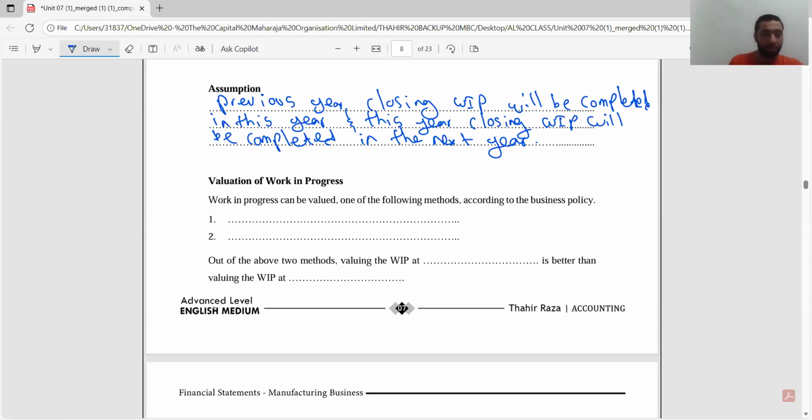So next one, valuation. Right. Thank you, Zia. Thank you, Ashini. Thank you, Lakshini. Okay. The next one, work in progress can be valued by one of the following methods according to the business policy. Valued at prime cost, valued at total production cost.